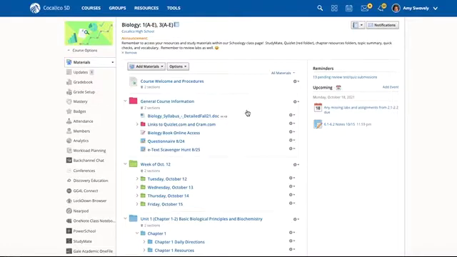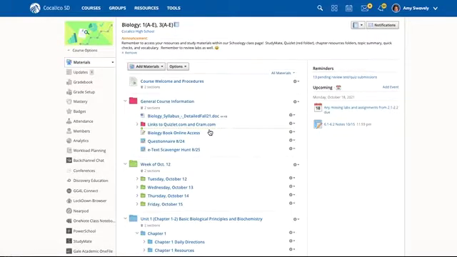And in this folder, I have the syllabus, which I will talk about in a moment. I have links to Quizlet and Cram.com. Those are websites that have vocabulary reviews for study skills. Quizlet has vocabulary specific to our course.